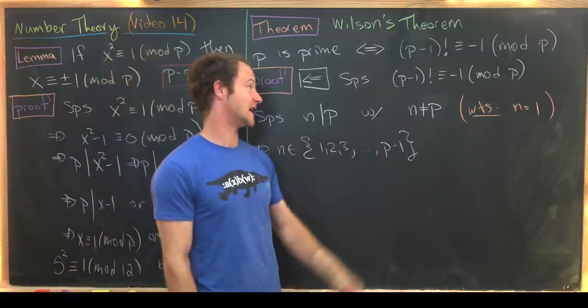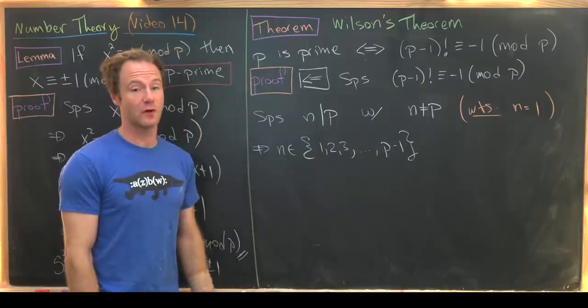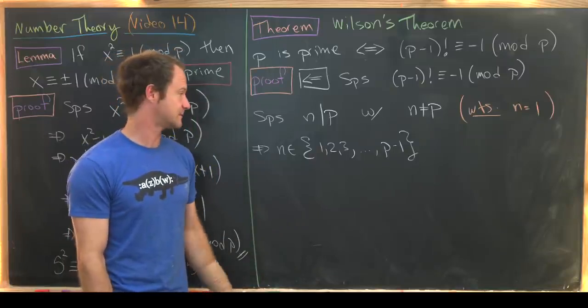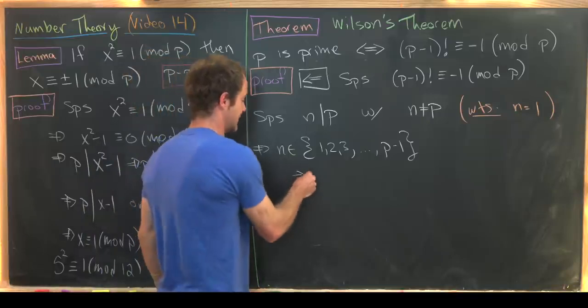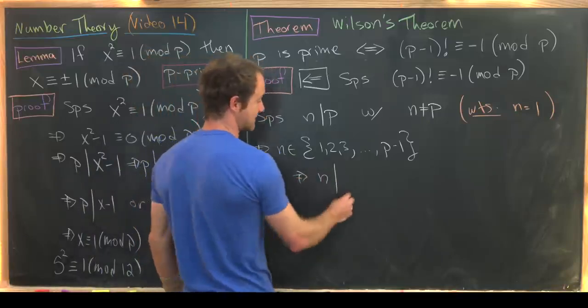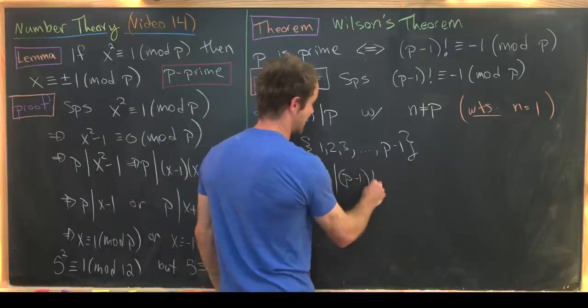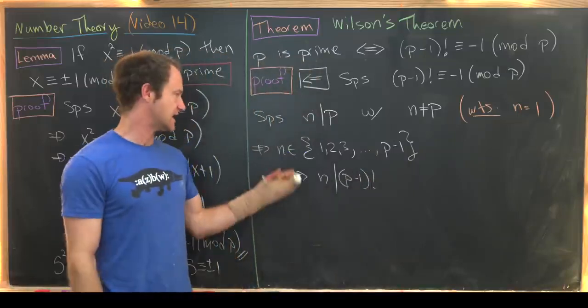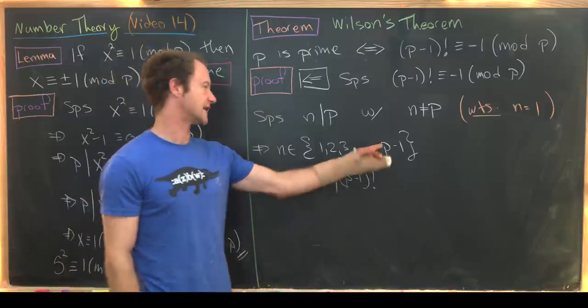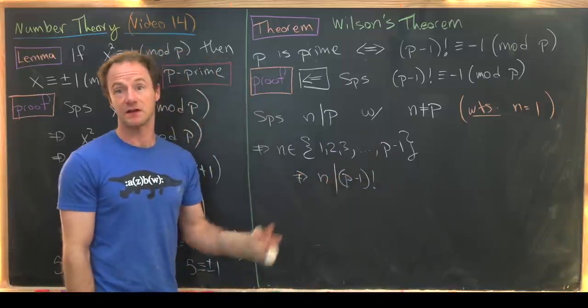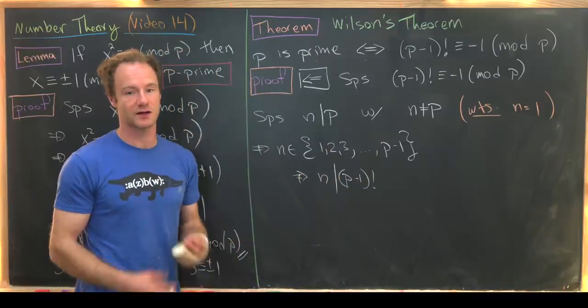The fact that it's not equal means that that inequality is strict. But if n is in this set, then it's very clear that n divides p minus 1 factorial. Again, because n is in this set, when we compute p minus 1 factorial, at some point we will have to include n in that product.